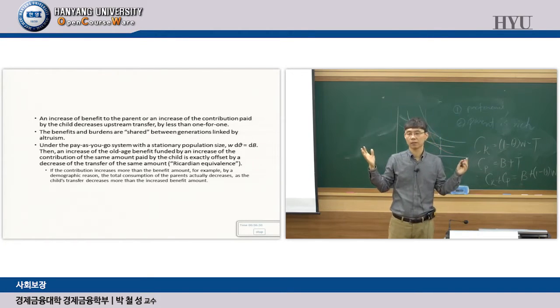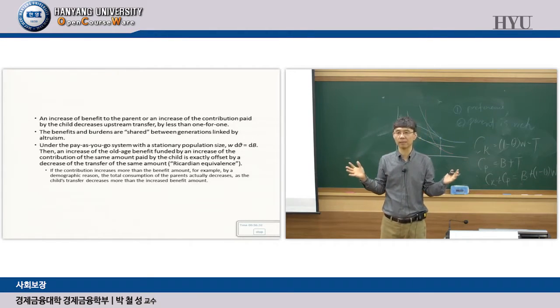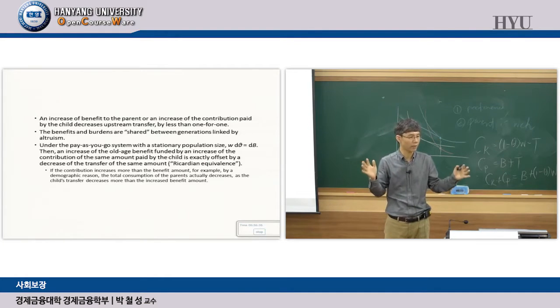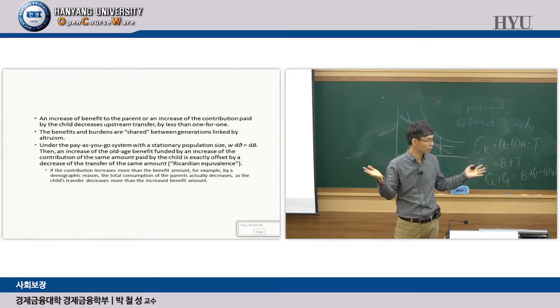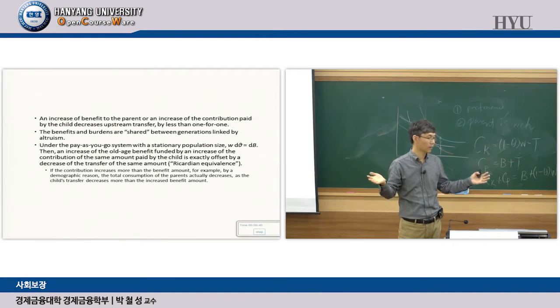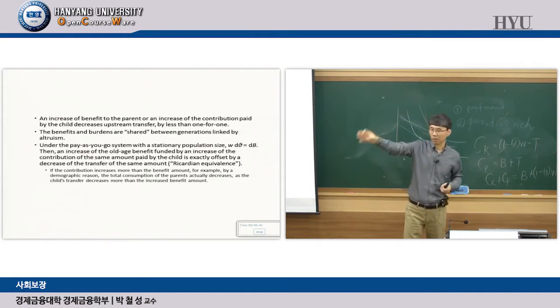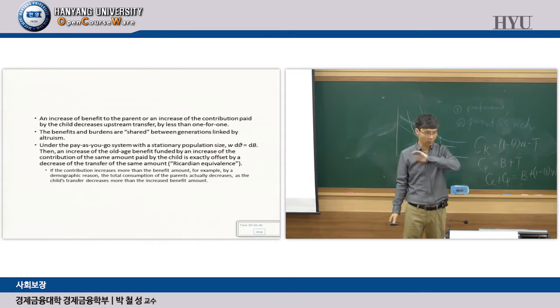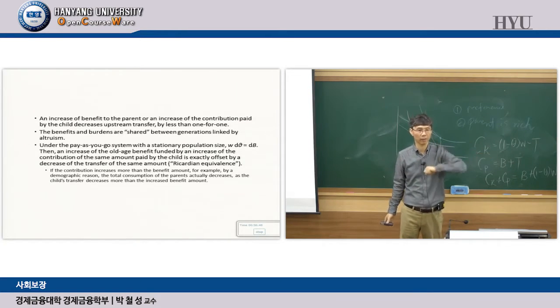But let's say their population sizes are the same. Okay, so we reach a society that is very steady, with no change in the population size. Then it means that the collection from the child is exactly equal to the payout to their parents.